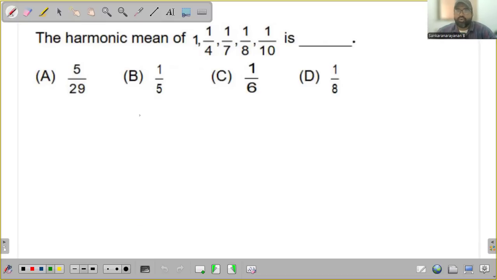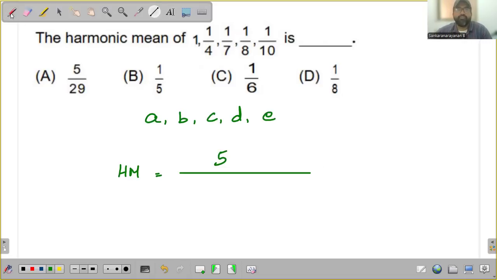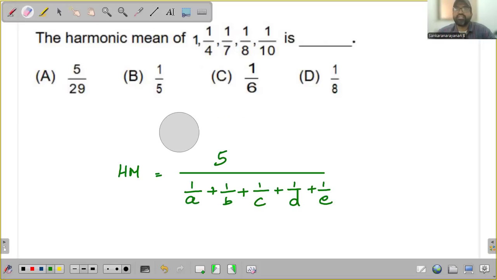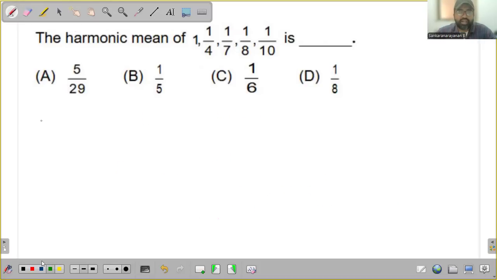Instead of taking 1, 1 by 4 and so on, let me take those 5 observations as A, B, C, D, E. The harmonic mean of these 5 observations will be 5 divided by 1 by A plus 1 by B plus 1 by C plus 1 by D plus 1 by E. This is the basic formula I am going to use here.